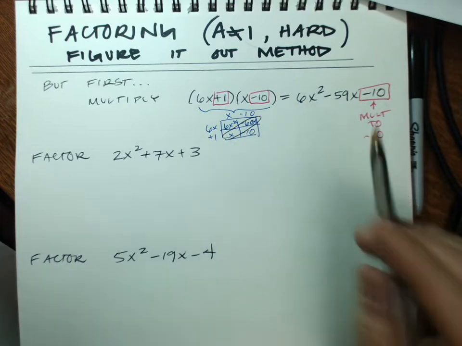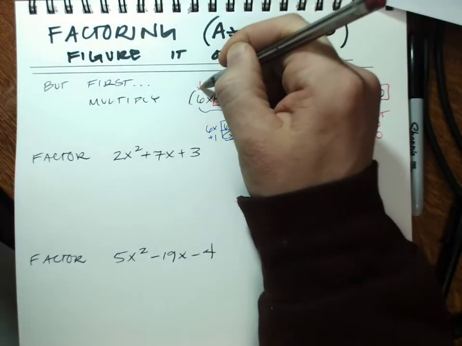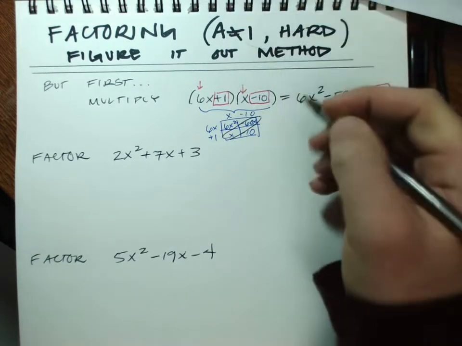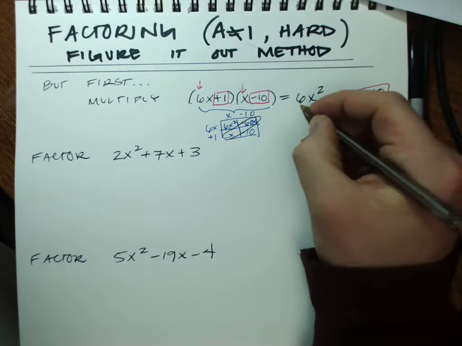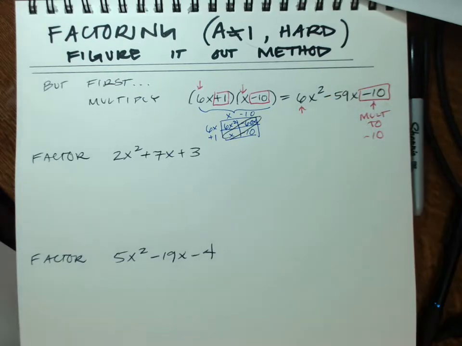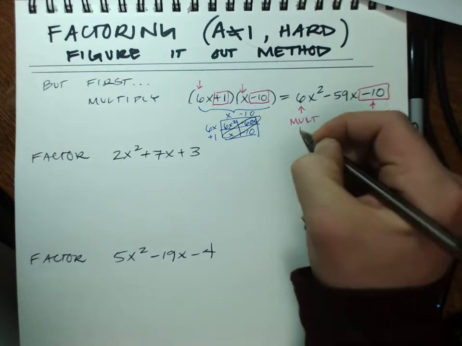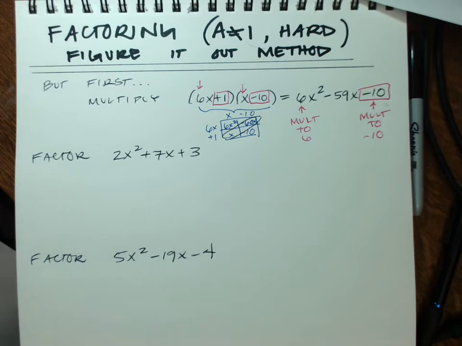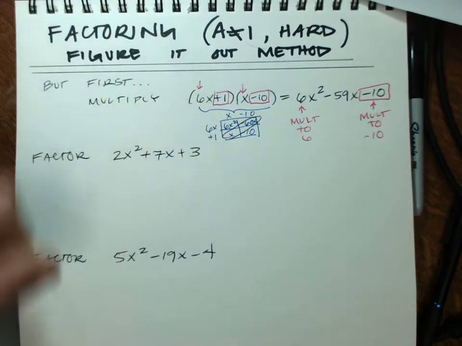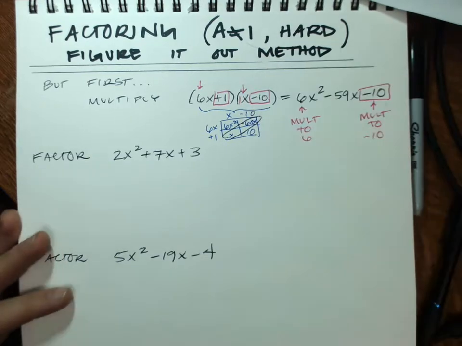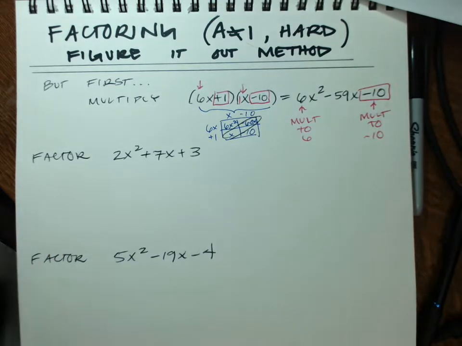So in this case, it's easier to look at these coefficients and think about, well, what multiplies to 6? And there's a couple options. In this case, we saw it was 6 and 1. So this is 1x. And so that's sort of the thinking that we're going to use on this one.